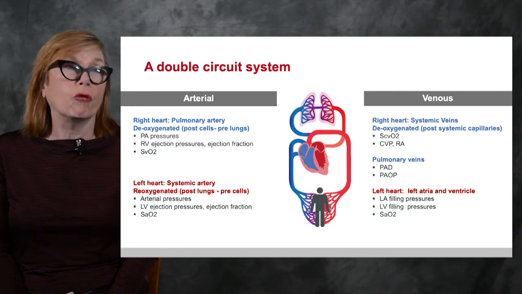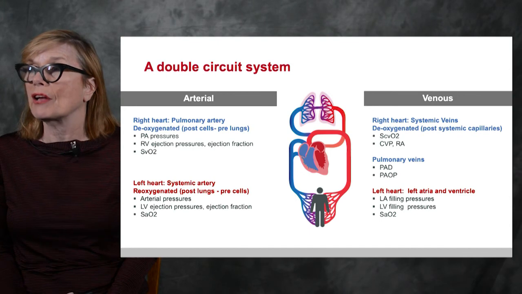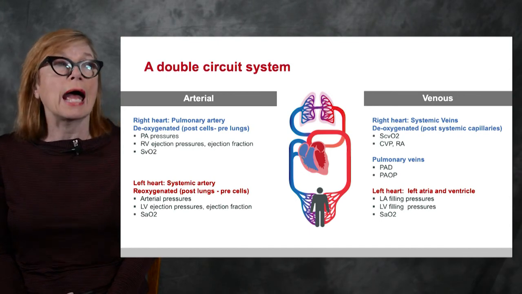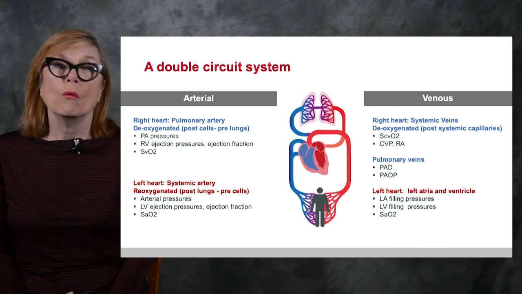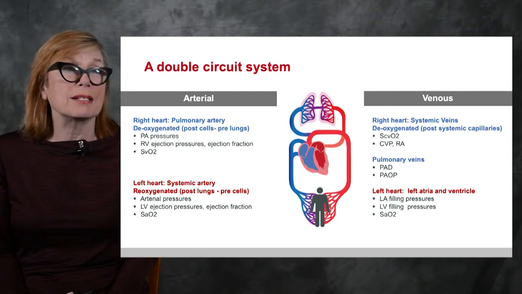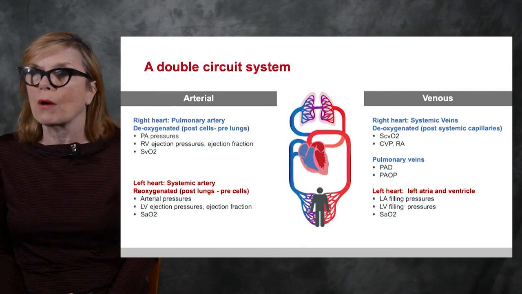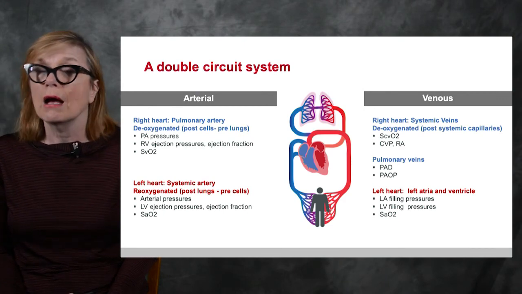Understanding that there are 4 systems that we have to evaluate when we want to understand the dynamics of cardiac function and the mobilization of blood flow. We have to think about 4 systems. The deoxygenated system, which is motorized and mobilized by the right heart, both filling and ejection.